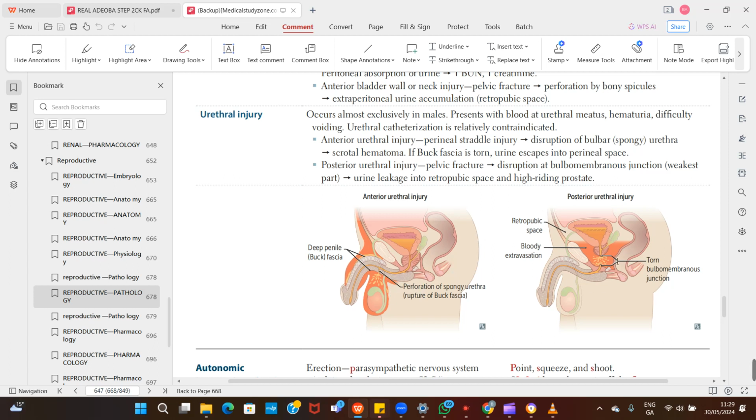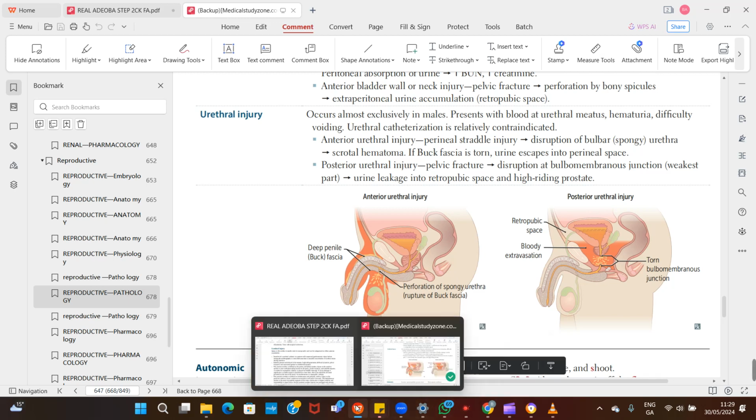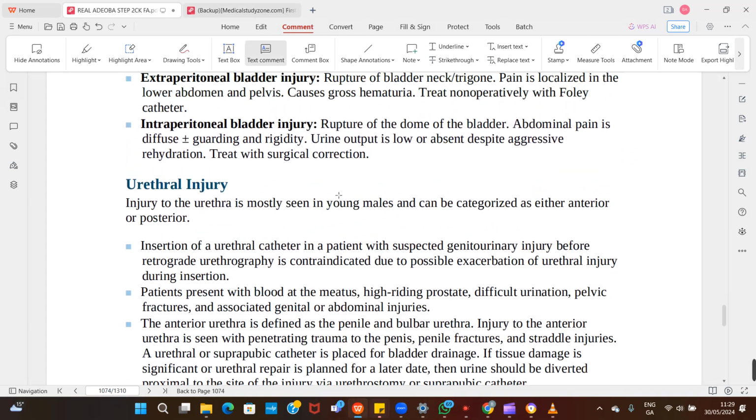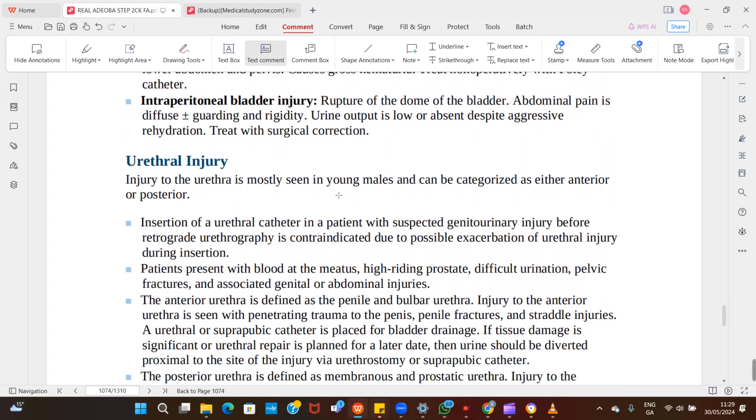Most of the time, the question stem is going to tell us about the high riding prostate, and we should think about the posterior urethral injury. But if you have scrotal hematoma, think about anterior urethral injury. So most of the time, if a patient has urethral injury, you don't want to pass a Foley's catheter, right?